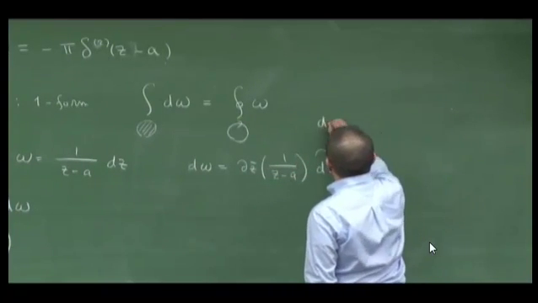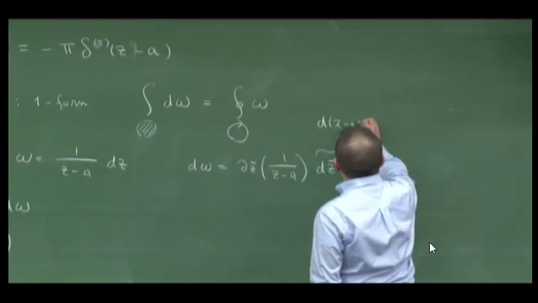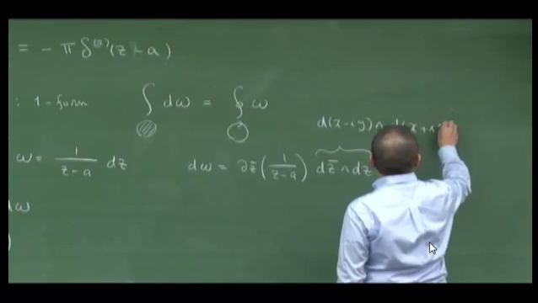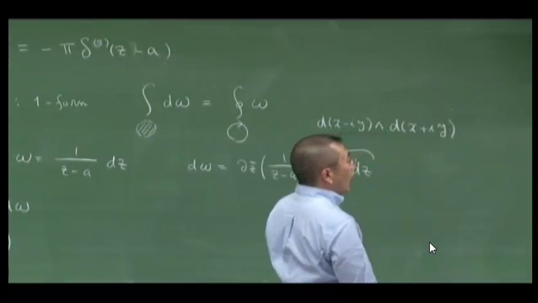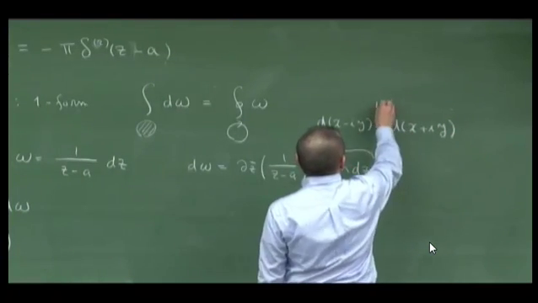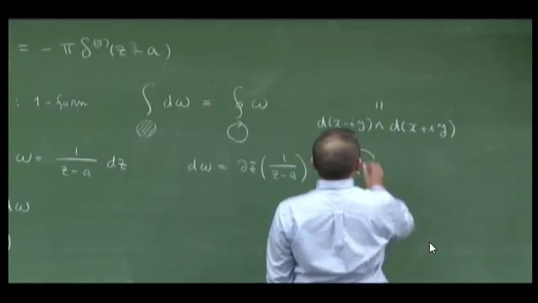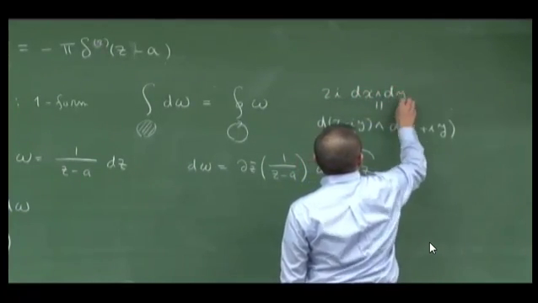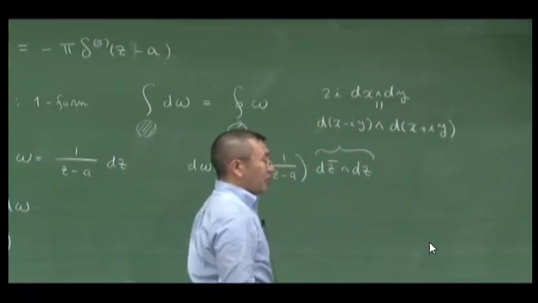Well, this is d of x minus iy wedge d of x plus iy. So it is simple algebra to show that this is equal to 2i times dx wedge dy, which is the volume form.